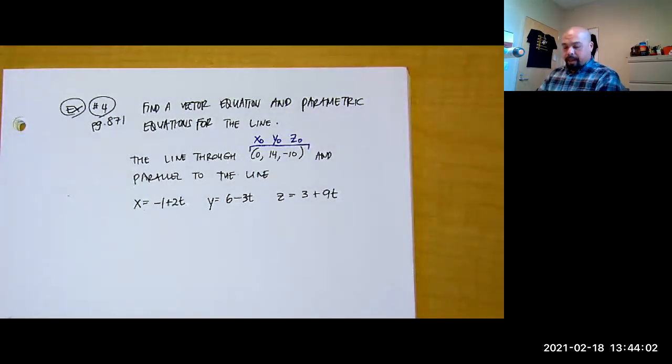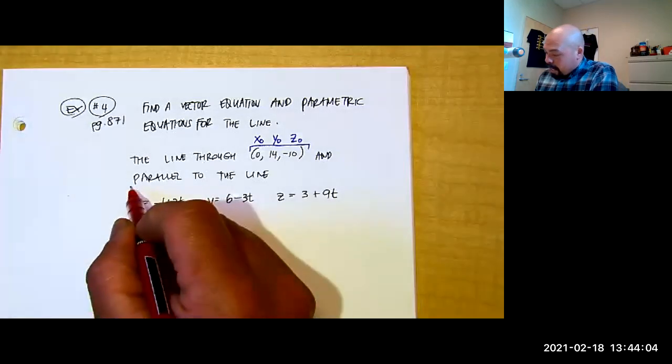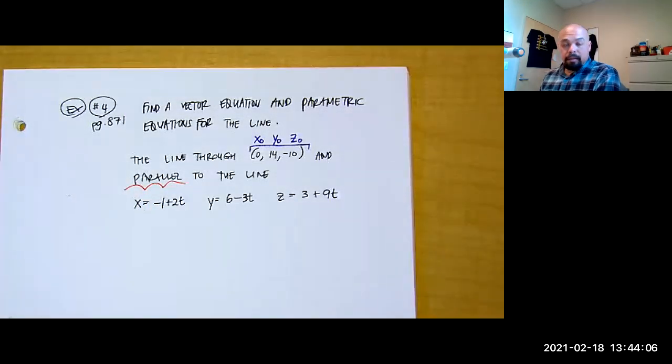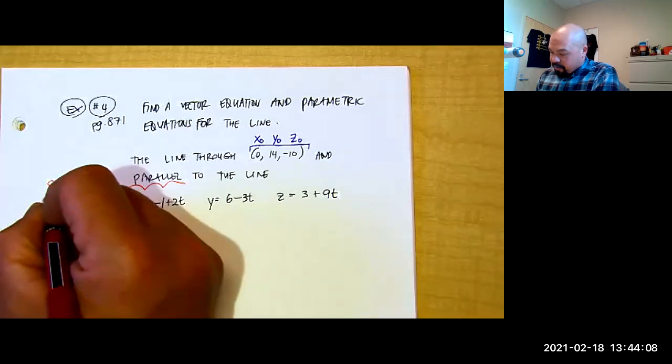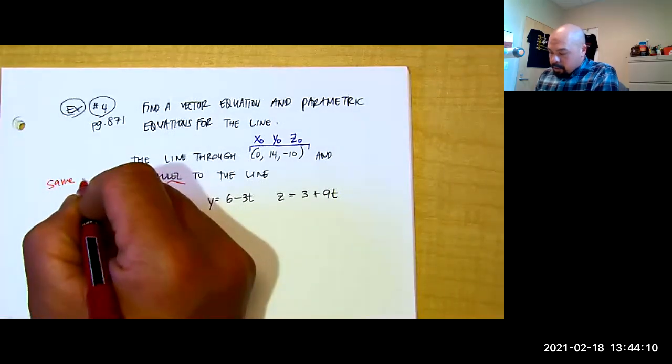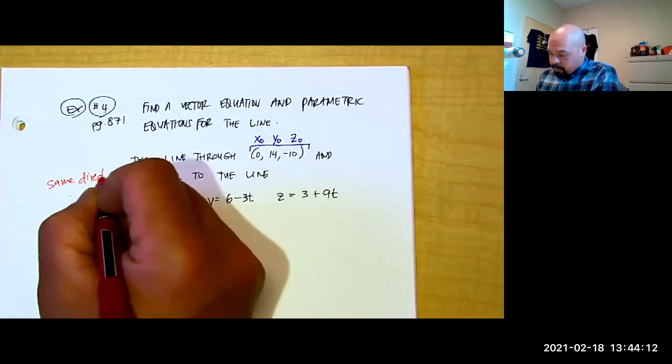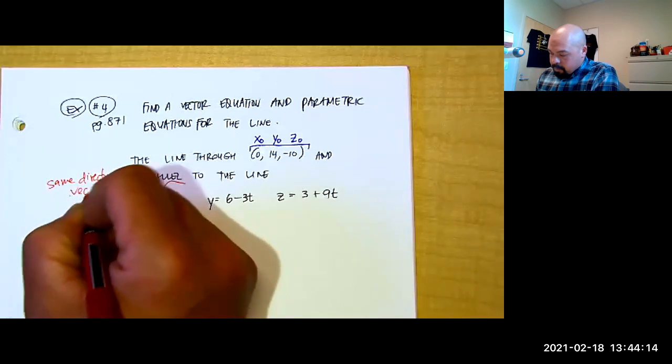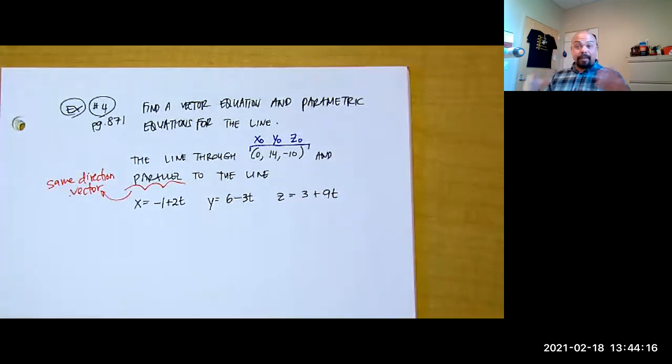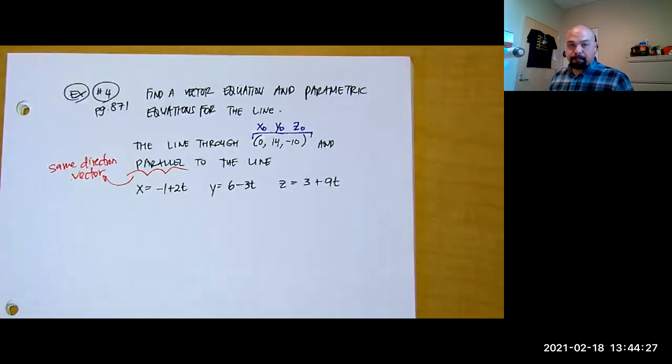And now here, if we're parallel, that means we're going to have the same direction vector. The same slope numbers, the same direction. We're moving the same direction for these two lines, just like parallel lines back in algebra.